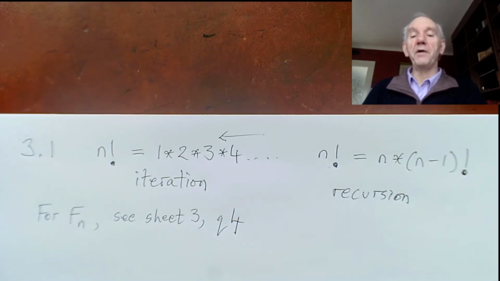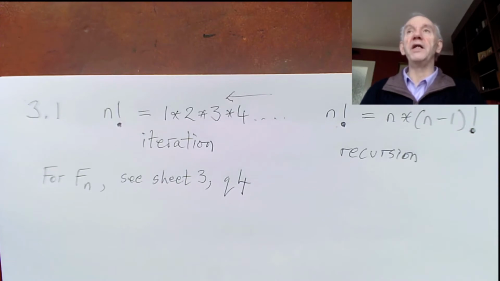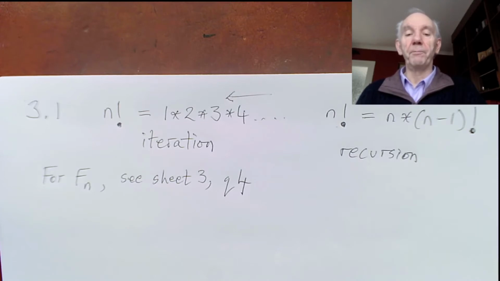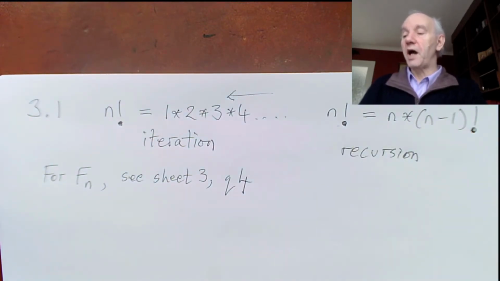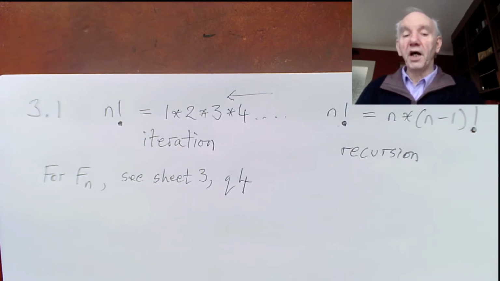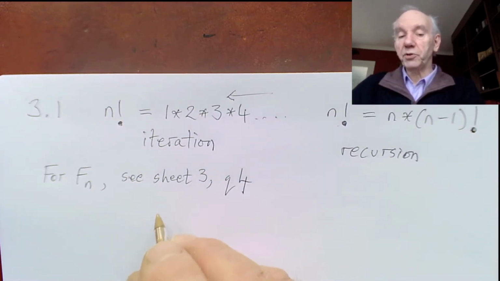Anyway, the other thing I mentioned in section 3.1 is asymptotic notation, because if you want to know how many operations are needed, one needs to know, for example, if n is very large, how many operations we need. So we need a comparison between sequences.